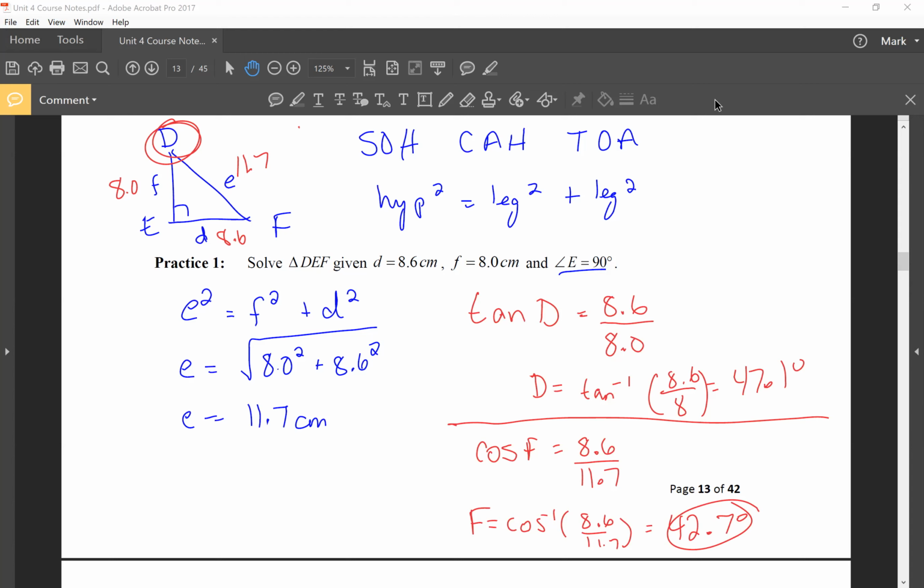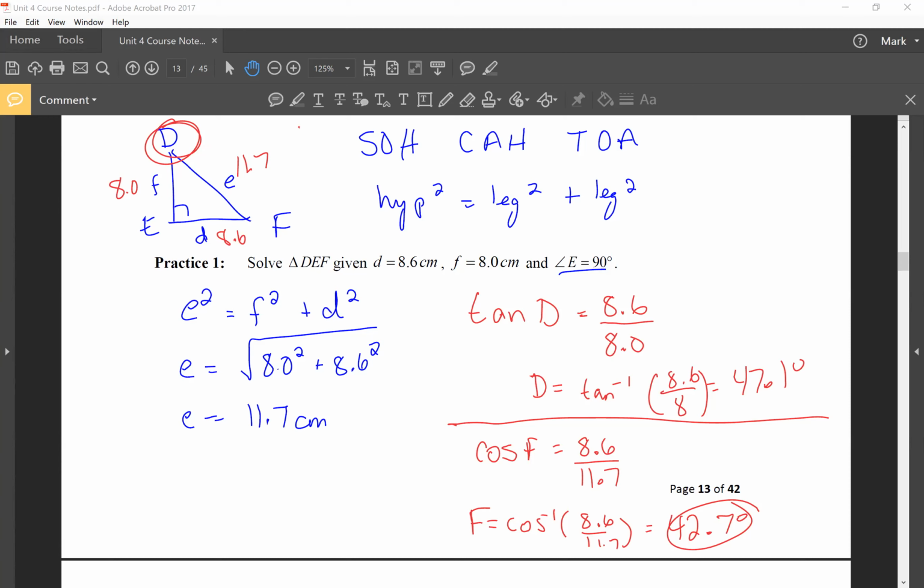Let me just check E again. If I made a mistake on E, I'll have to fix it, but I think I'm okay. Yeah, 11.7. My E is 11.74. So F is 42.95. Okay, perfect.